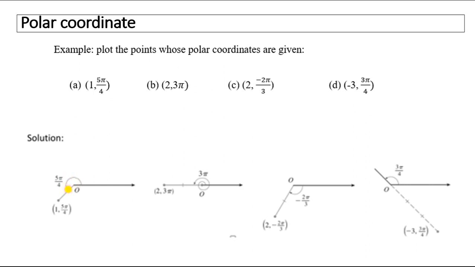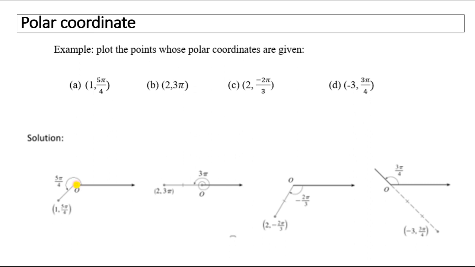Theta is 5 pi over 4, positive, that means counterclockwise direction. The distance r is 1 from the origin, this 1 unit. This point is the solution.